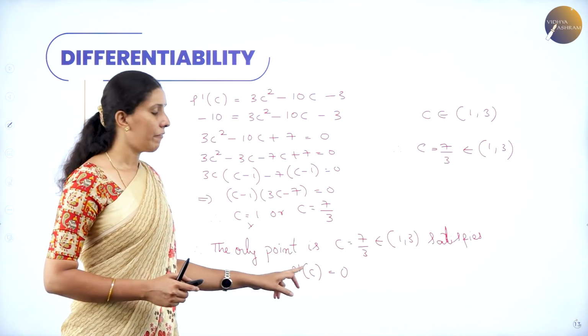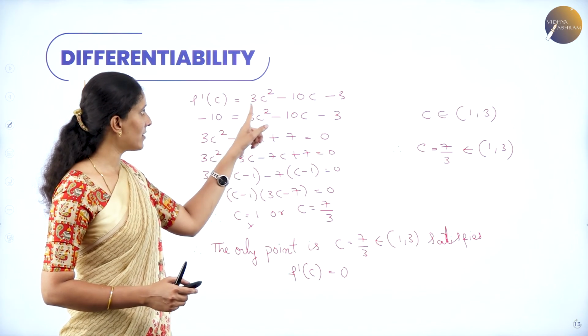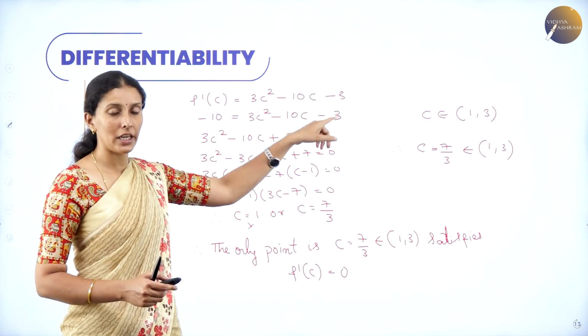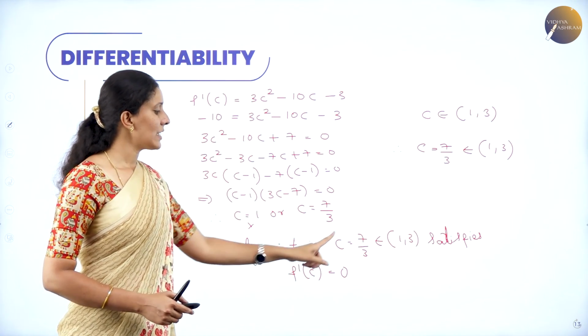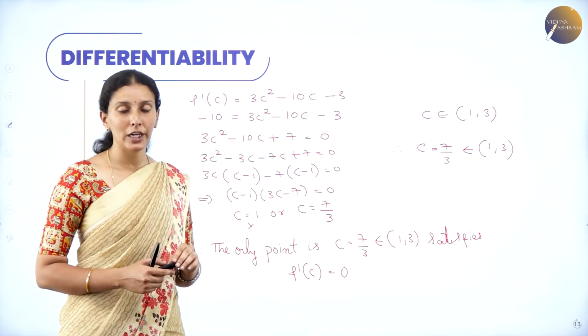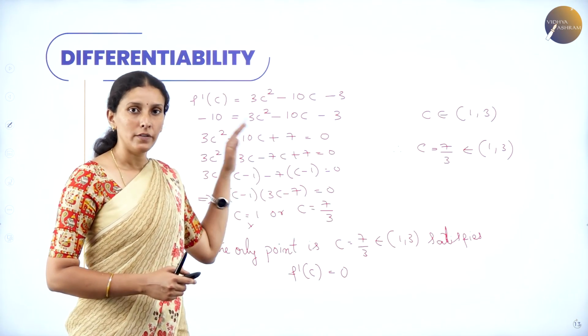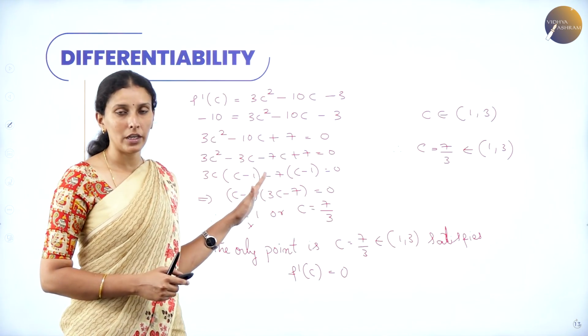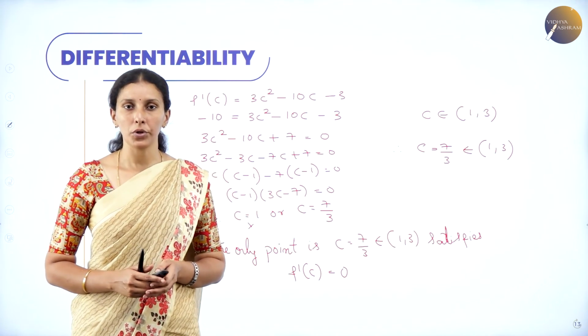Thus, if you take f dash of C is equal to 0 and when you substitute, what is f dash of C? It is 3c square minus 10c minus 3 which is equal to 0. And when you put the value of C as 7 by 3 in this equation, you will get the f dash C as 0. So this is the only point which is satisfying the mean value theorem and also satisfying f dash of C is equal to 0.